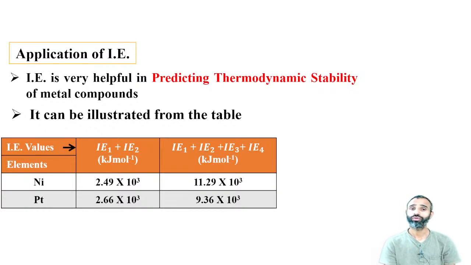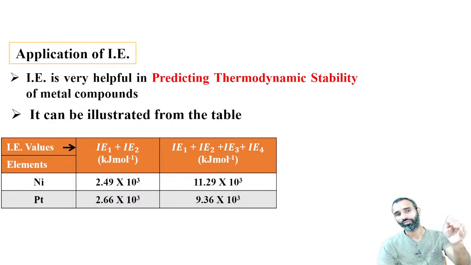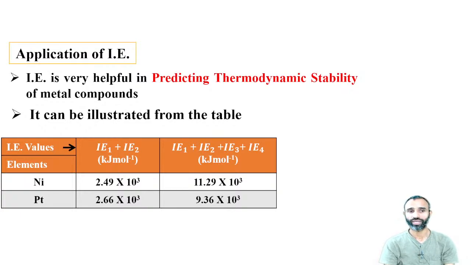But if you see the sum of the first 4 ionization enthalpies, you can see the sum of the first 4 ionization enthalpies of nickel is more than that of platinum.